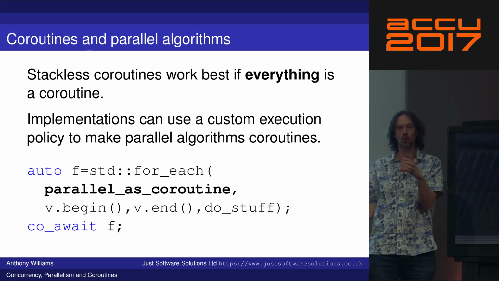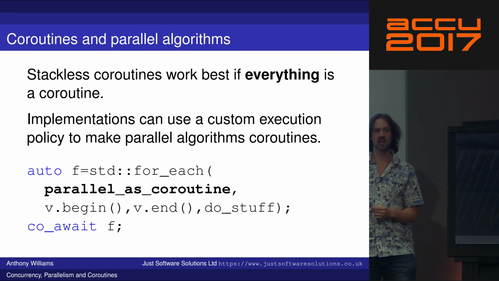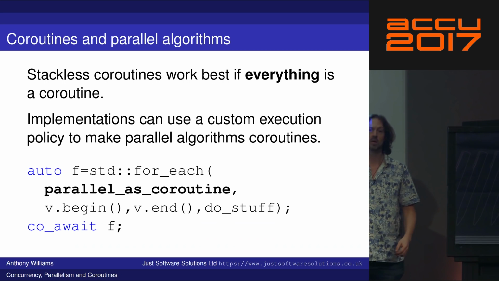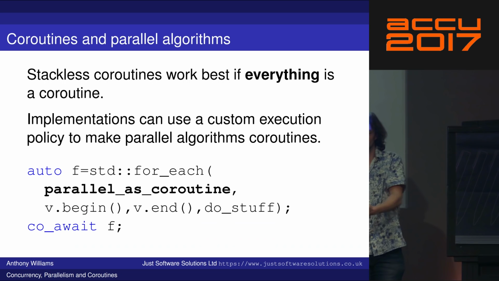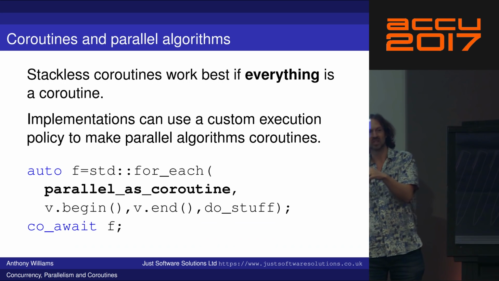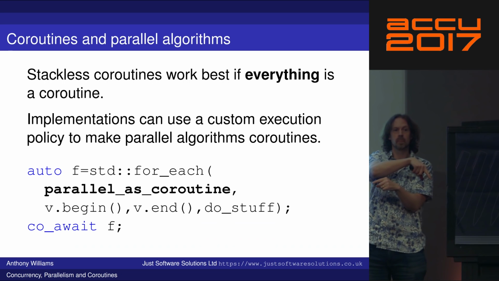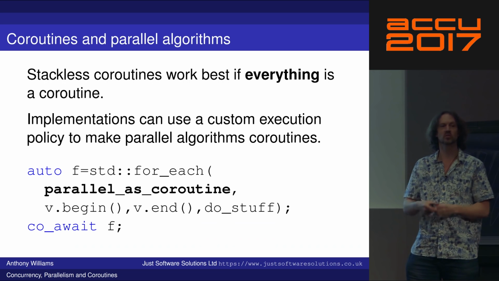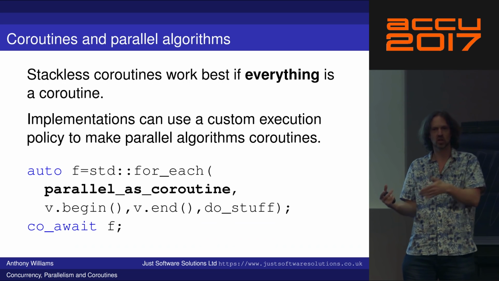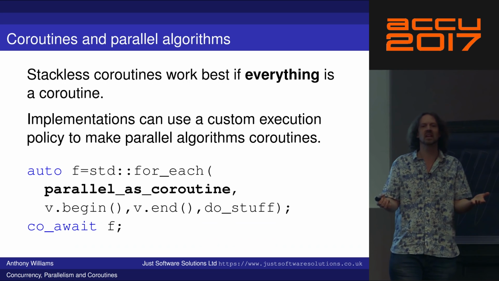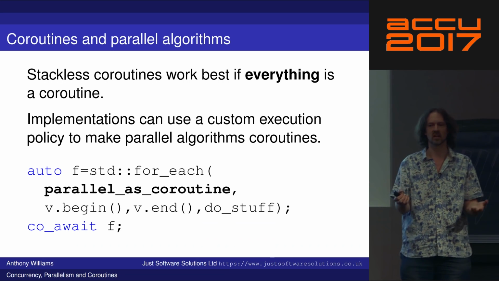If you're using co_await a lot in your coroutines, then it works best if the stack all the way up to the top is all coroutines, because then at every level you can wait for the subsequent coroutine. When you hit a co_await within a coroutine, it returns immediately to the caller, who now has the handle that was returned, whatever it was. In most of my examples, I use a future as the return value from the coroutine that's going to cause the wait, but it can be any class that you've written that provides that.